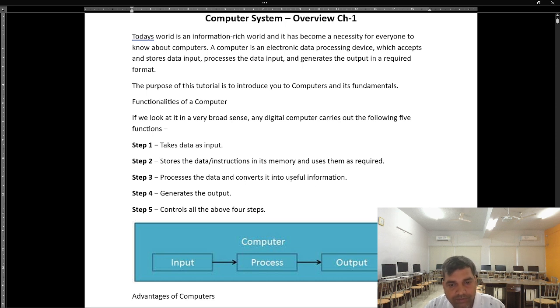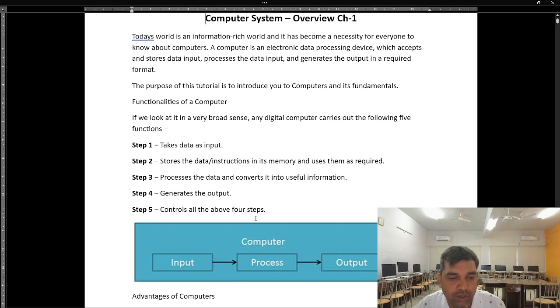And logical operations like AND, OR, NOT, which we will study in Chapter 3, Boolean algebra. After that it generates the output, meaning after these operations we get some result, and that is called the output.